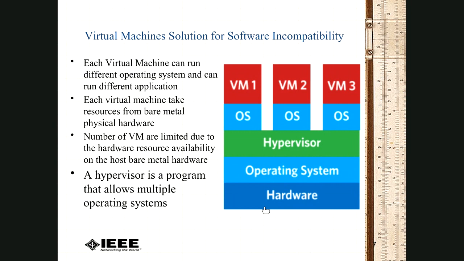What is a virtual machine? Basically, a virtual machine is a complete hardware simulated in software. You can have a virtual machine which is not a physical box. It is a software component which is hosted by the host hardware.